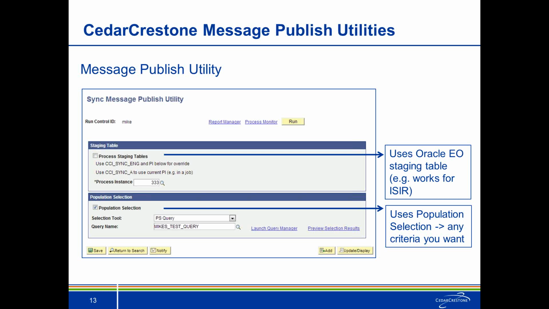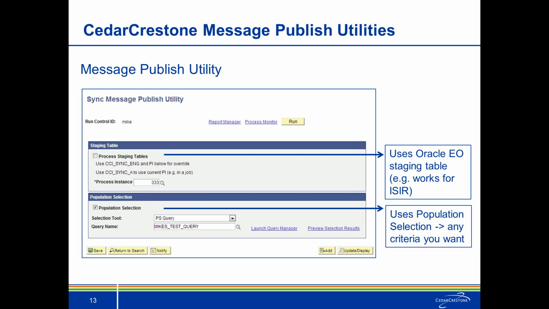The next, at the bottom of the screen there, you see population selection. What that allows you to do is create a PeopleSoft query or a file or anything that population selection can understand as a driver, feed it the EMPL IDs and the type of change you want, and it'll publish the messages for you. This would be real helpful in a couple of different scenarios.